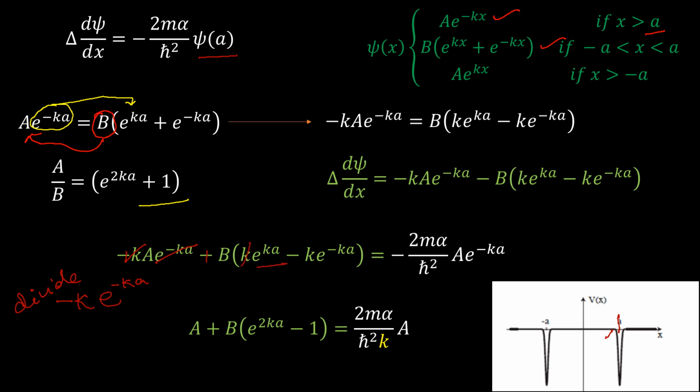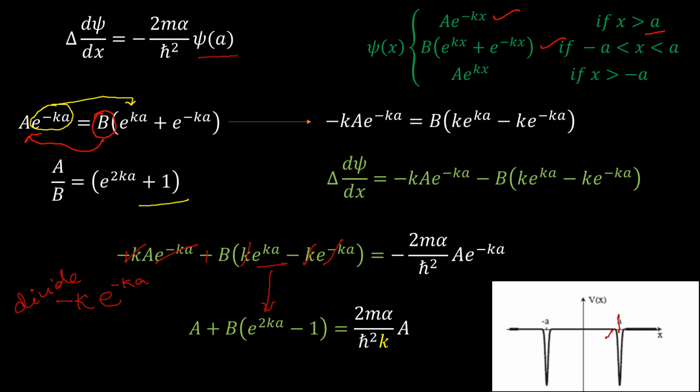E power ka will become, because we are dividing by e power minus ka, so this will become e power plus 2ka. Then next term I am dividing by minus ka. So this will get cancelled, and this also will get cancelled. So I will get a minus 1.